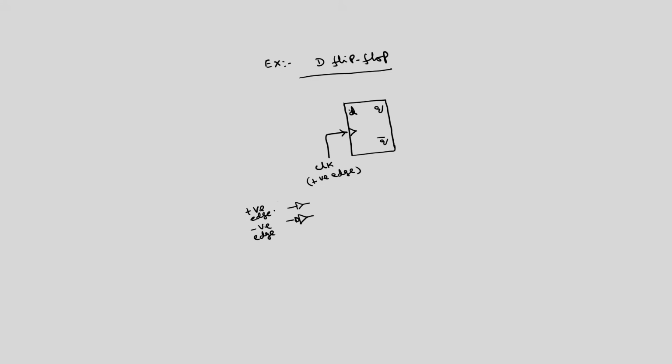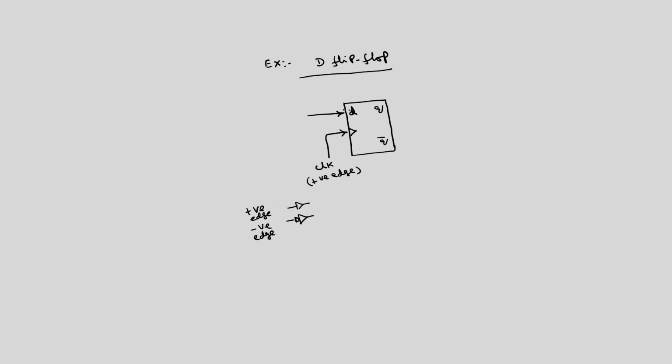Whereas a D flip flop can be level triggered also, there is no problem with race around in case of a D flip flop, because between J and K we will be having an inverter. So, J K can be 0 1 or 1 0. In the 0 1 and 1 0 combinations of J K, there is no race around condition. The race around condition occurs only when J is equal to K is equal to 1, whereas in a D flip flop that condition never occurs.